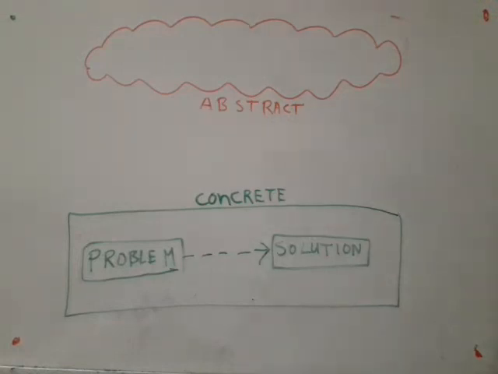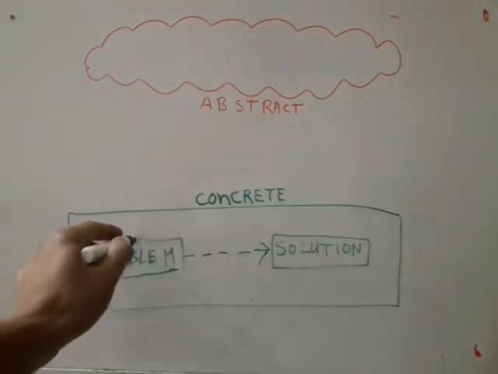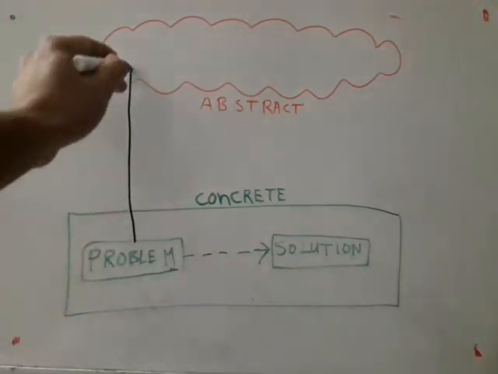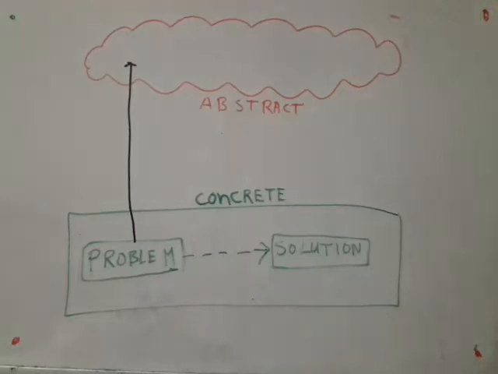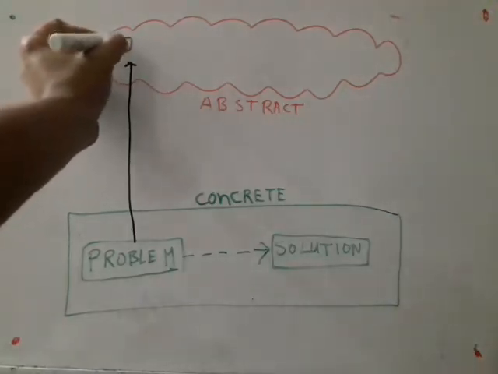However, we can convert this problem to a problem which is more abstract in the following way. From this problem we will go up into an abstract world. So we shall ask an abstract question.